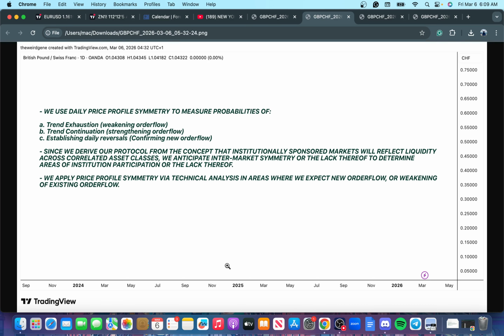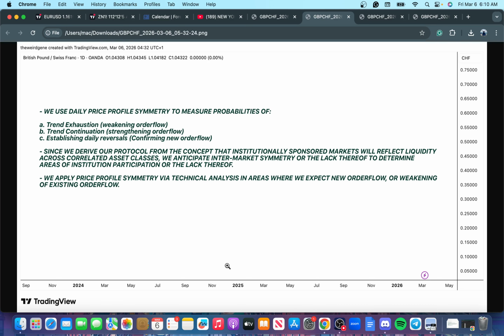All right. So if we have a situation where we have enough institutional sponsorship, institutional participation, unidirectional, meaning in one direction, we have institutional pressure in one direction. That will reflect across different asset classes, especially correlated asset classes. Now, here's the thing.